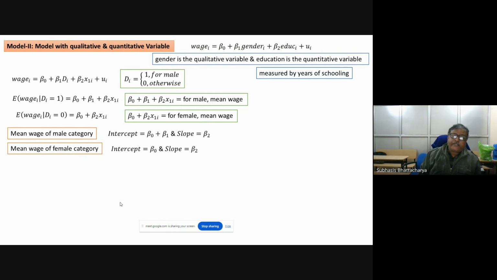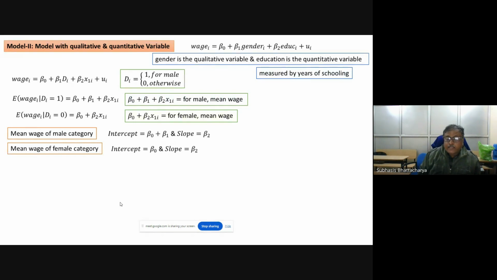So you find that for the mean wage of the male category, the intercept is beta 0 plus beta 1. And for the female category, the intercept is beta 0. And the slope of both the categories is equal. So what does this actually mean in our theoretical implication?